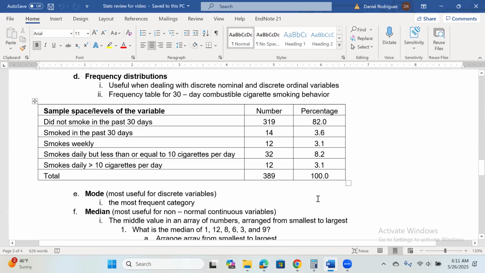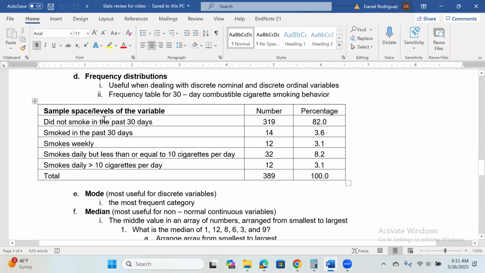Here's an example of a distribution. We'll talk a lot about distributions. Generally, we like to focus on the normal distribution because it's the most common and the easiest, and there are lots of interesting things about it. But a distribution is just the distribution of numbers per level of some variable. So here's a variable, and this is its sample space.